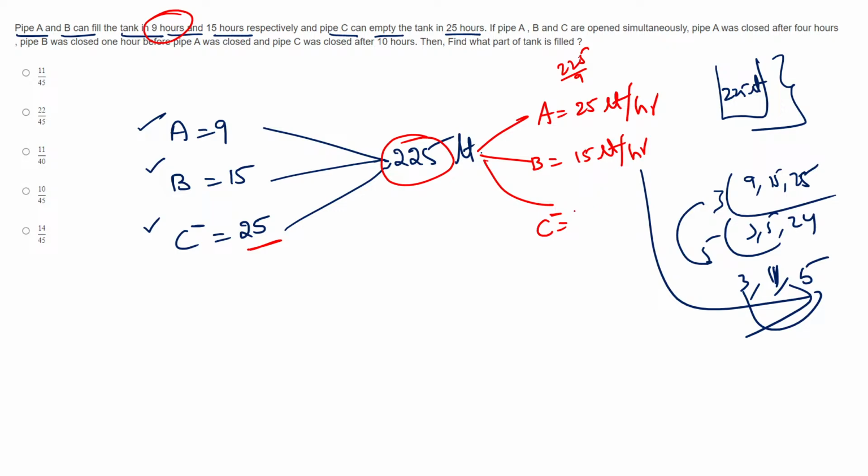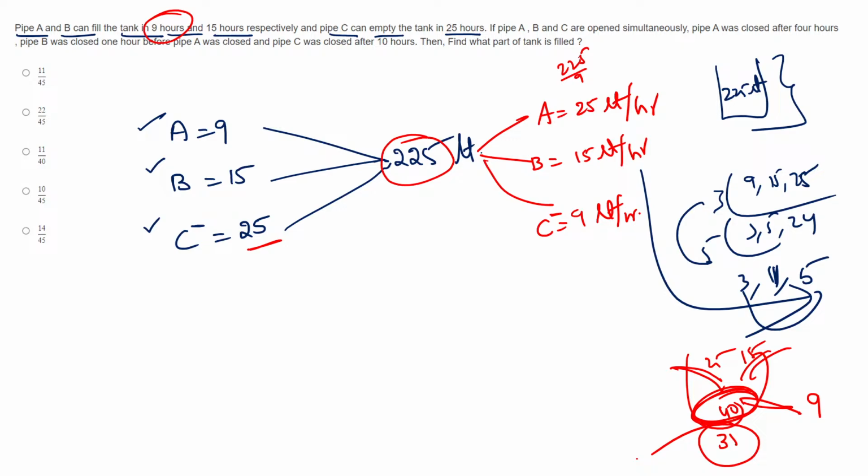9 liters per hour. So what is actually happening here is, if you open all of them together, pipe A will pour 25 liters, pipe B will pour 15 liters. That means actually it should be 25 plus 15, 40 liters. But by the time these two pour 40 liters, 9 liters may have leaked from tap C. That's the meaning of this. So after 1 hour, there is going to be only 31 liters but not 40.